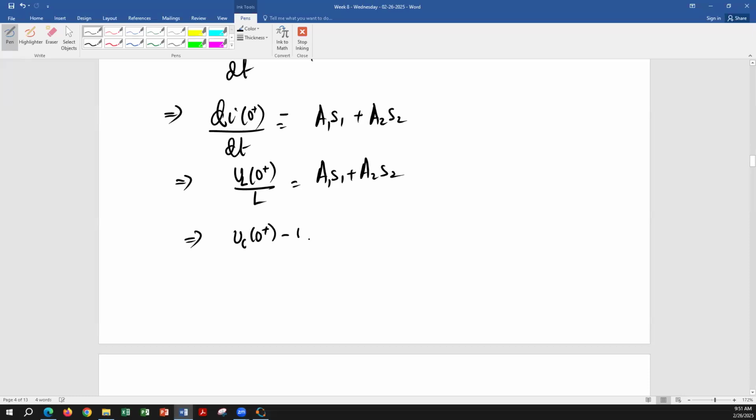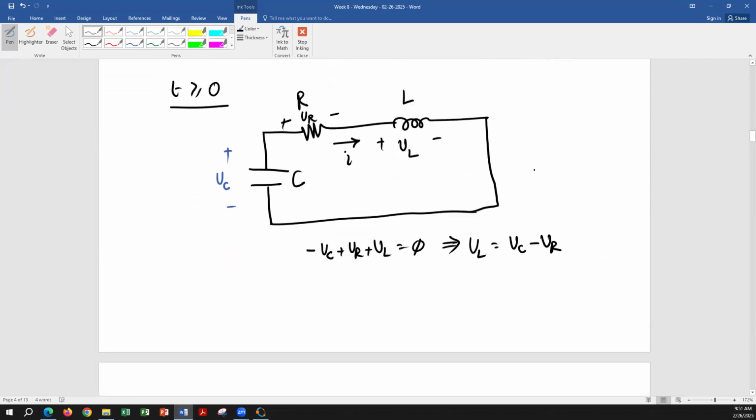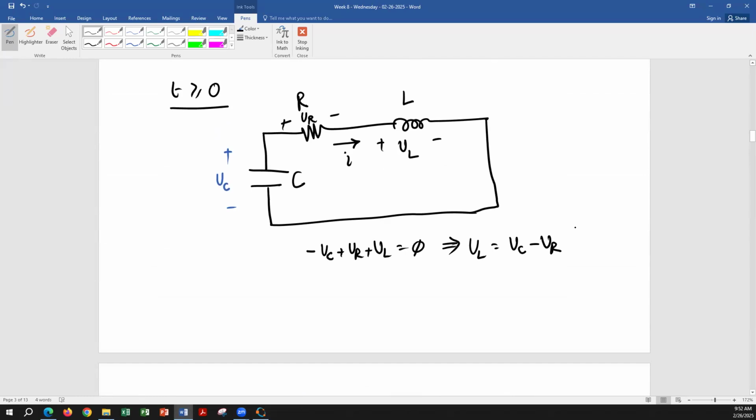V_C(0+) minus V_R(0+) over L. Okay, we have the value of V_C(0+) that we calculated, which was 12 volts. Who is going to tell me what will be V_R(0+)? How are we going to calculate V_R(0+)? Yeah, current passing through the resistor at 0 positive times R, Ohm's law, of course.